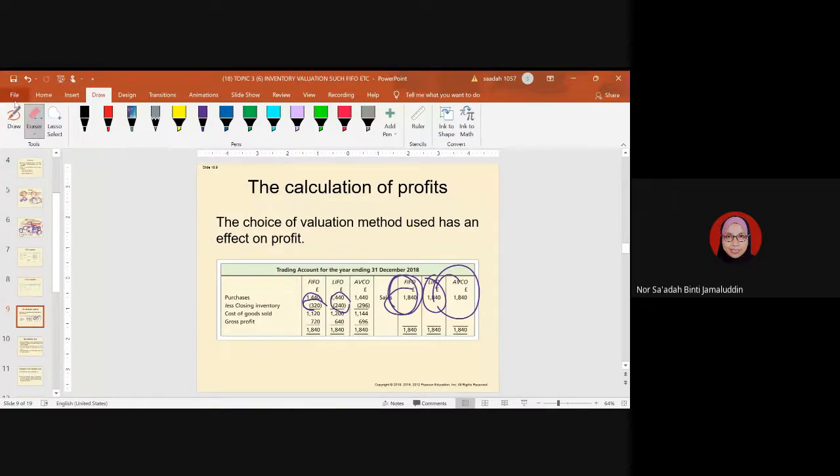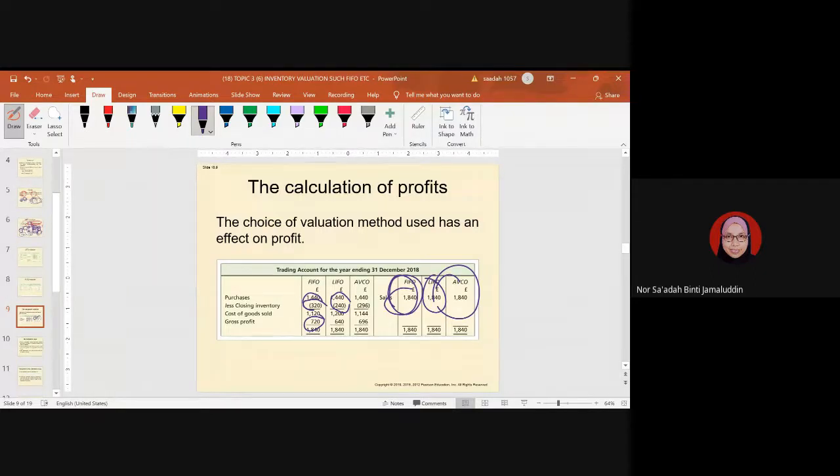Bila cost of goods sold kita jadi lebih rendah, kan formula dia adalah, nak calculate gross profit kan, formula dia adalah sales 1840 minus cost of goods sold 1120. Dia akan jadi gross profit dia 720.